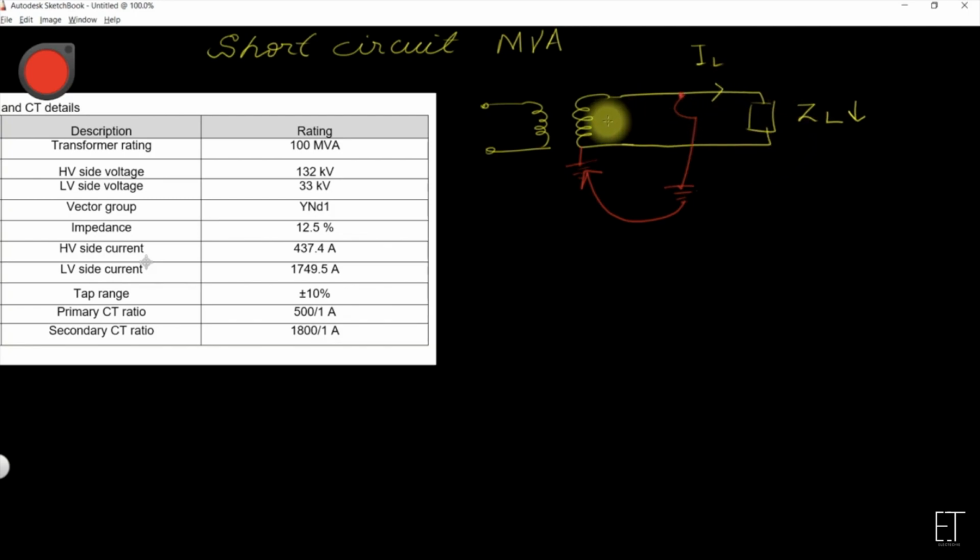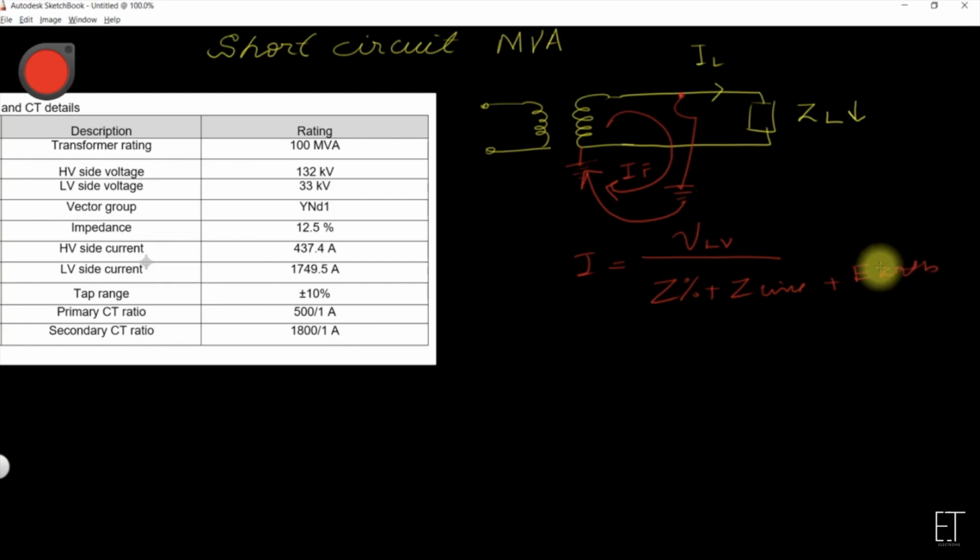Here you can see this is the loop or path of the fault current IF. In this path, the current will be limited by the transformer: IF will be equal to the transformer low voltage side LV voltage divided by the impedance of the transformer, plus the impedance of the line and the earth resistance.